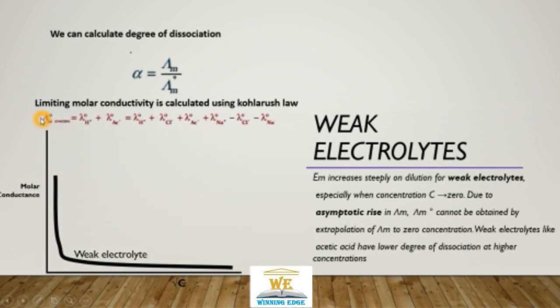We are getting here the limiting molar conductivity of acetic acid that can be substituted here, and remember, it can't be determined experimentally. We have determined it indirectly using the limiting molar conductivity of other strong salts, and this obviously we can find at any concentration. By taking this ratio, we get the degree of dissociation.